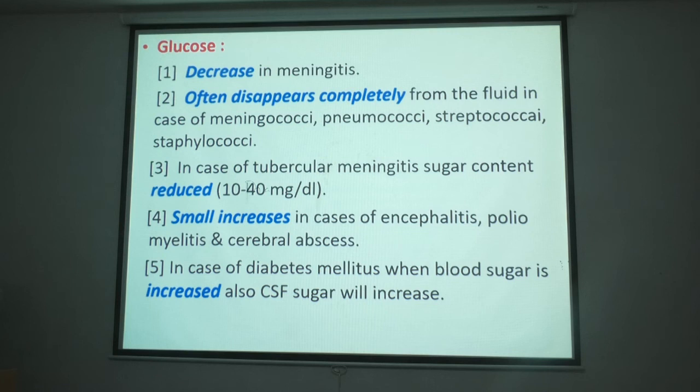Now, the glucose content. The glucose content will decrease in case of meningitis and often disappears completely, that means total glucose will disappear, in infections with meningococci, pneumococci, streptococci and staphylococci. It is reduced to about 10 to 40 mg per dl in tubercular meningitis.